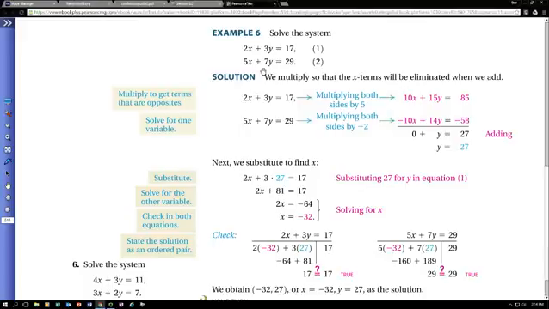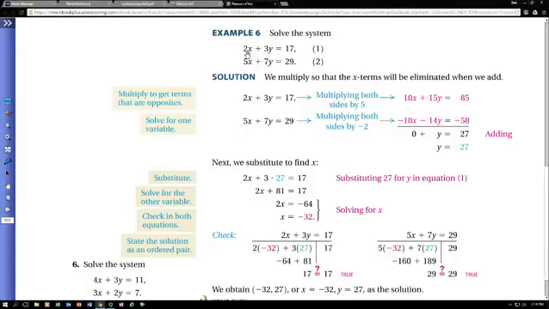Well, it's your decision. I could use the 3y and 7y here, right? And what would be a common multiple of 3y and 7y, which would be 21y? And maybe I can make one equal to negative 21y and the other one equal to 21y. That would work. But in this case, they use 2 and 5, and that would be my choice too, just because the numbers end up easier.